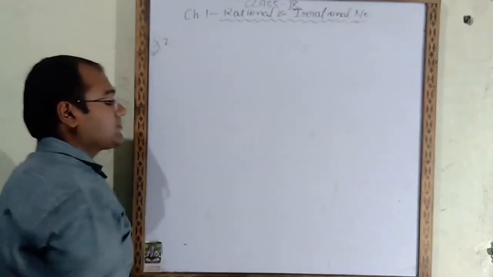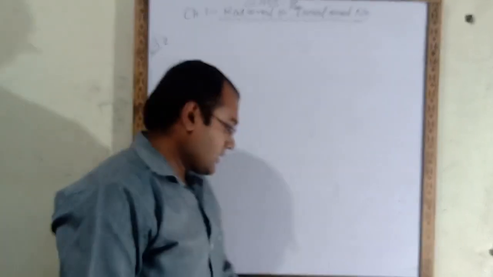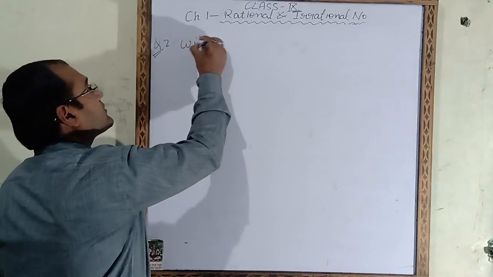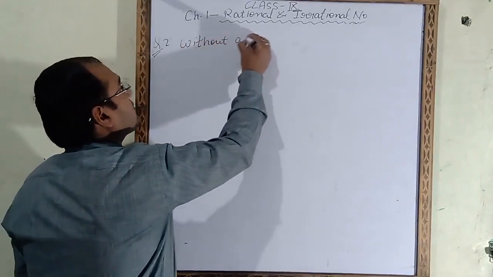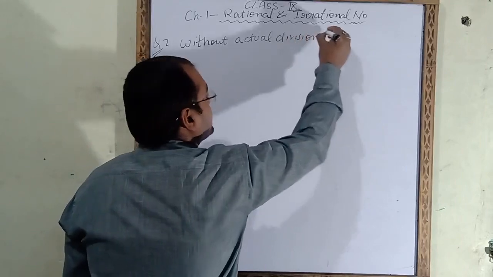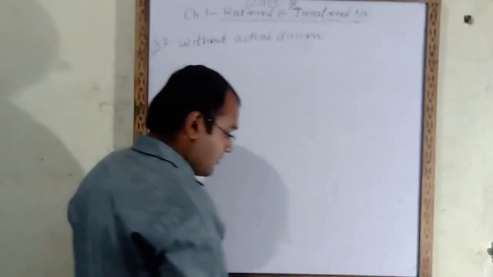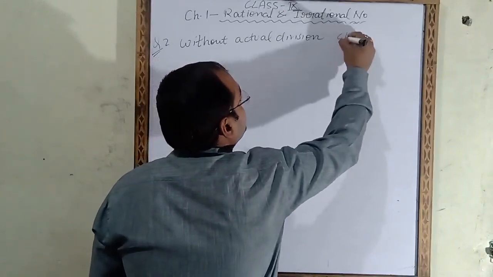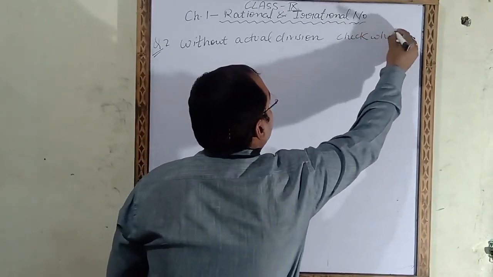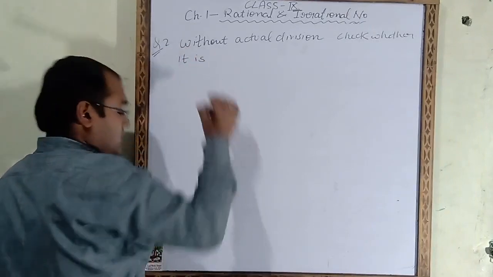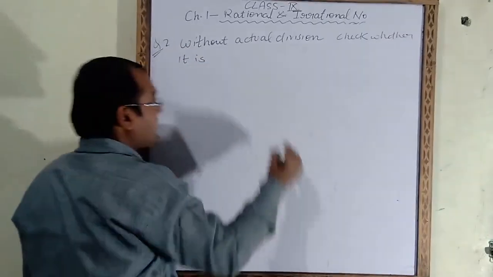Next question. Question is, without actual division, check whether it is a terminating decimal or not.